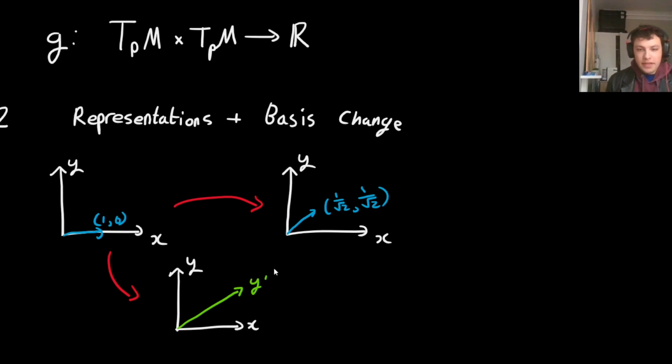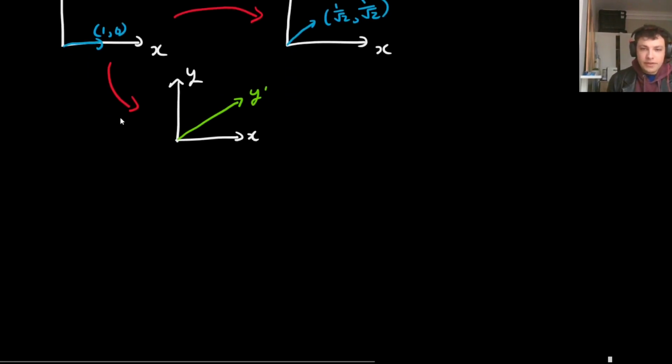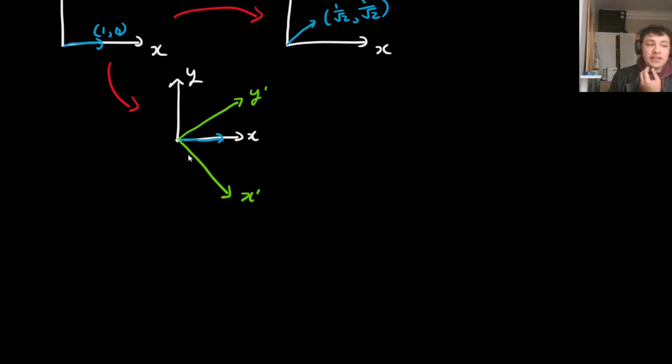So we've got y prime here, and x prime coming down here, and our vector has stayed where it is, but relative to this new basis, it has coordinates (1 over root 2, 1 over root 2). So this is a brief sketch of the fact that active and passive transformations are the same thing, it's just that one has to go the other way around. So we're just going to focus on basis change.